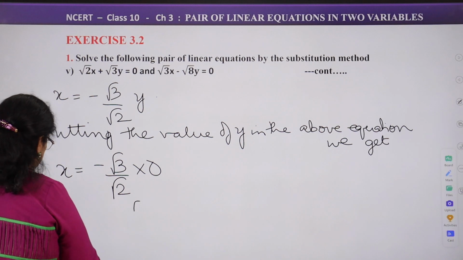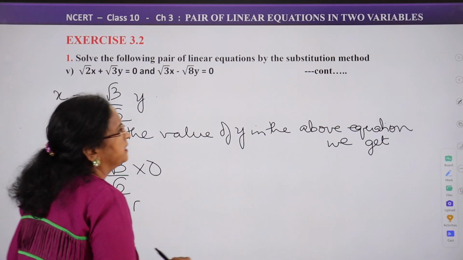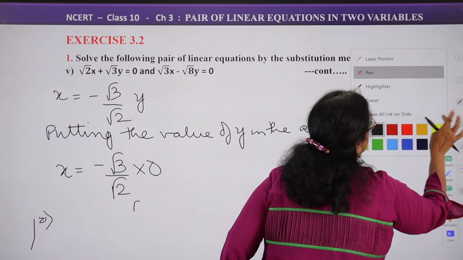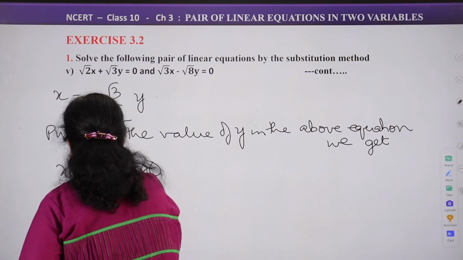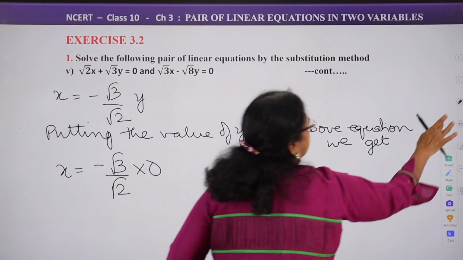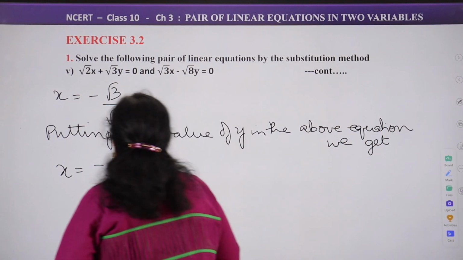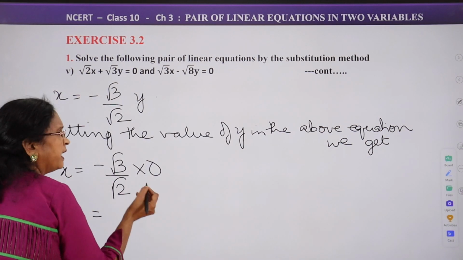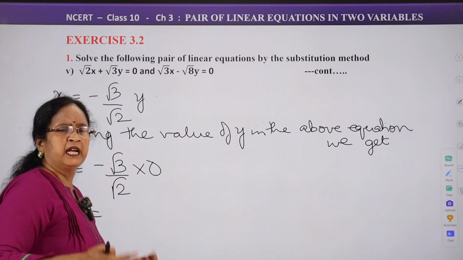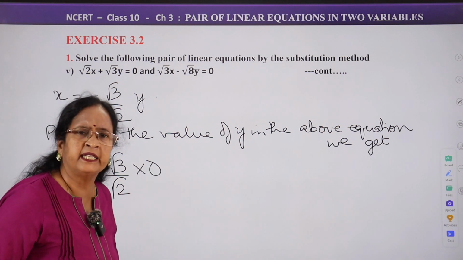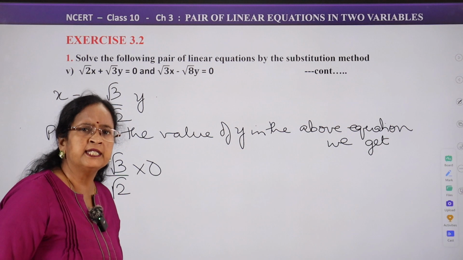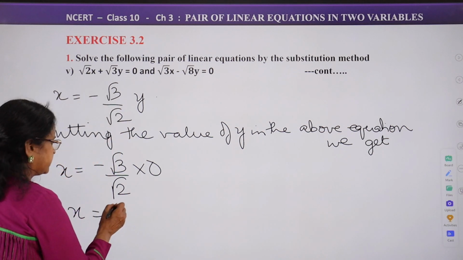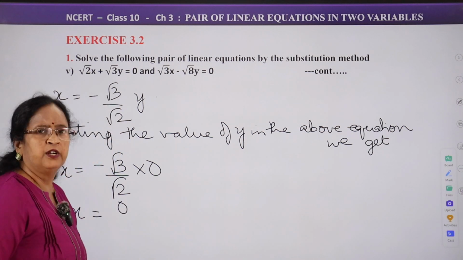Now it is 0, so anything, it may be rational, irrational, real numbers, anything into 0 is 0. So x is equal to 0.